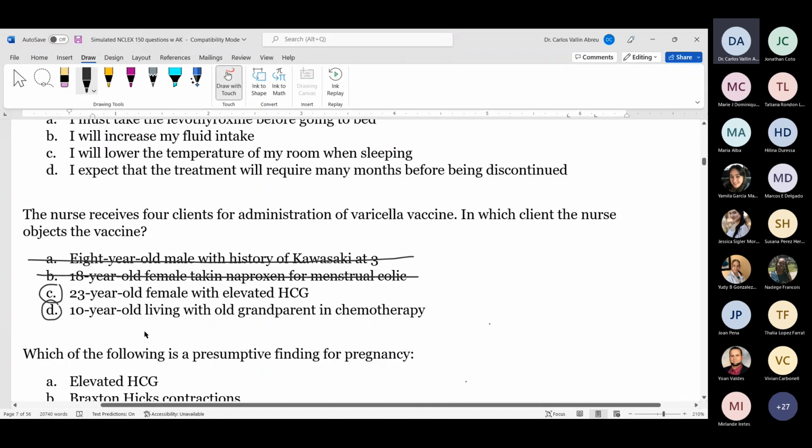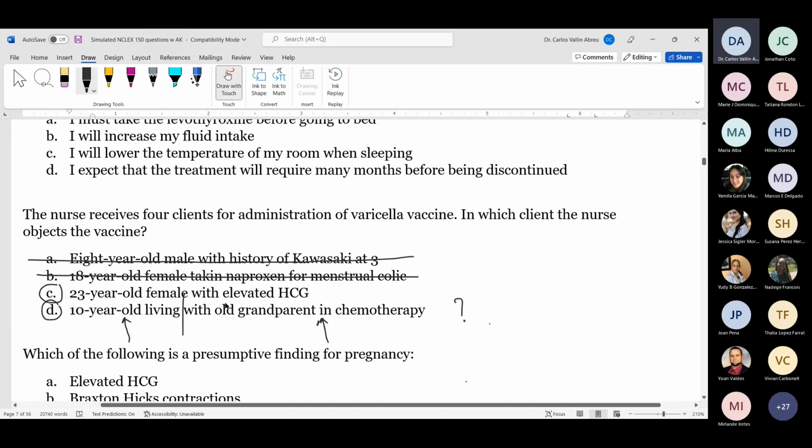Now we have a child that is going to receive the vaccine and is living with an old parent in chemotherapy. So now the child cannot be vaccinated because he is living in the same house as a grandparent receiving chemotherapy? You need to have this in quotation marks here.